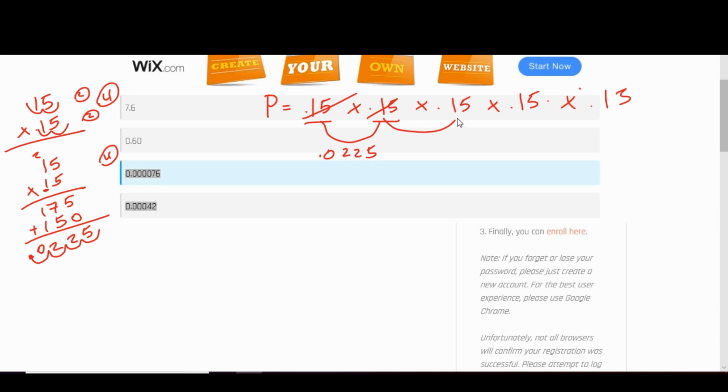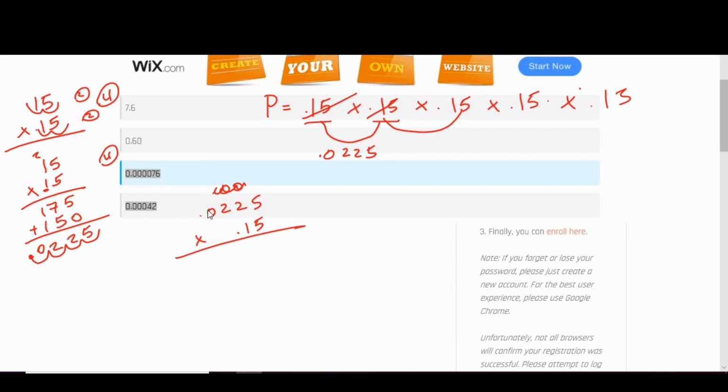Now we got to do this one. 0.0225 times 0.15. So that looks like this. 0.0225 times 0.15.